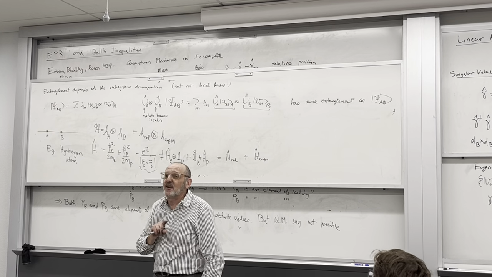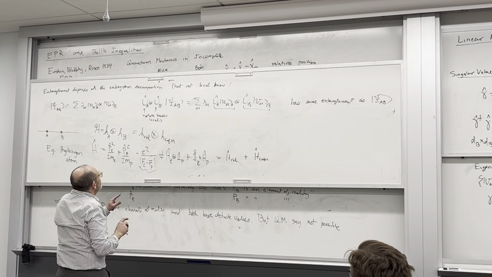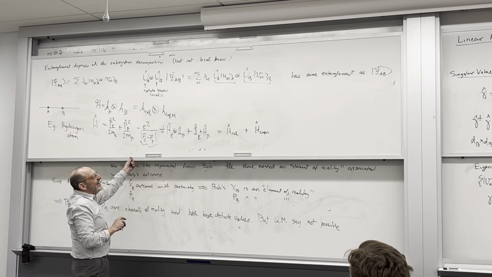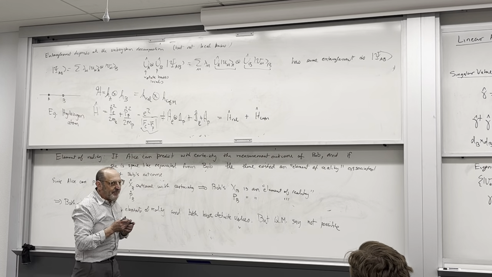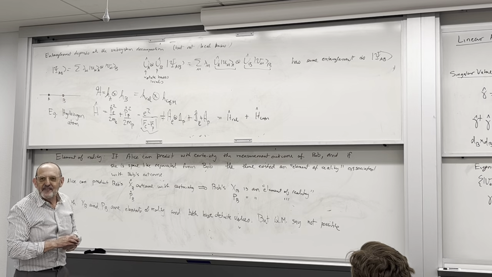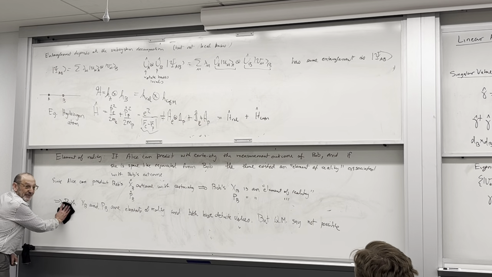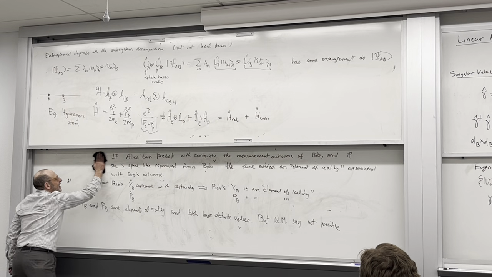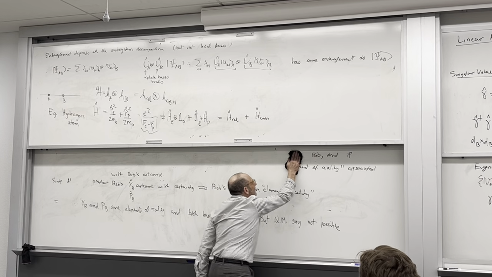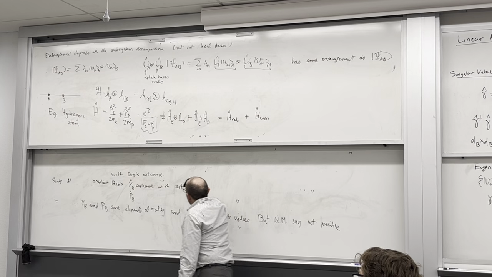Their motion is entangled. So I just wanted to emphasize this fact because the EPR state is a state that is separable in relative and center of mass coordinates, but it's entangled between the two particles. Okay? And we're going to see, well, so what is the EPR state?